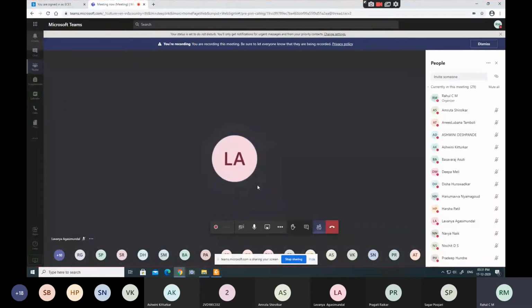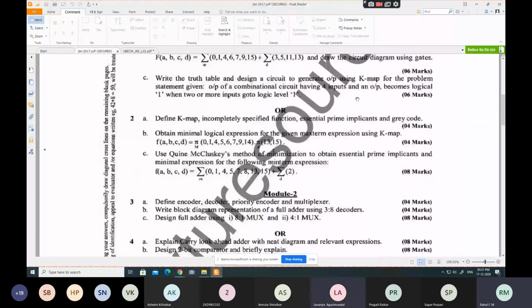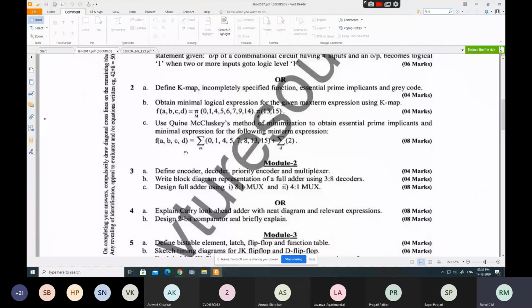Lavanya, you remember the answer. Good, very good. Essential prime implicants are the prime implicants which are grouped under only one group and which are a must and essential for getting the minimal sum or minimal product. Understanding? Next, hopefully I have given definitions for all of them.